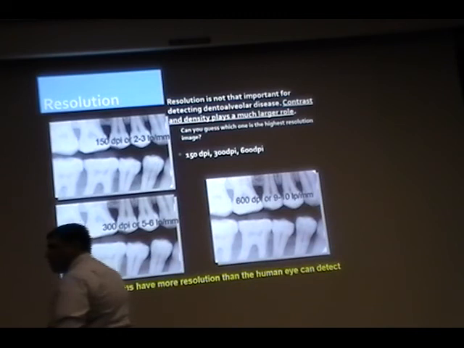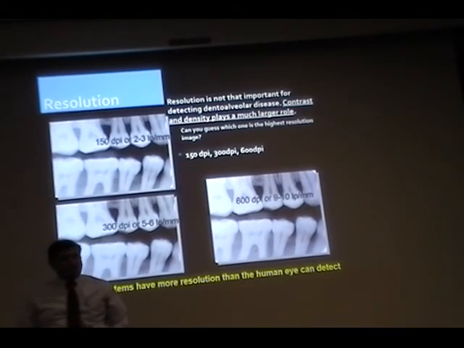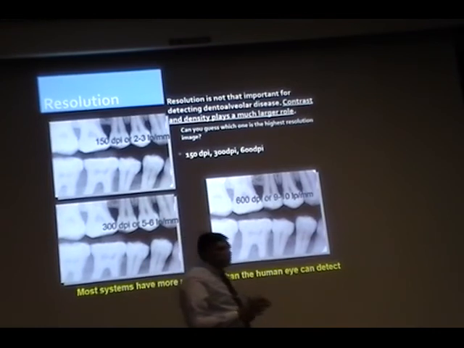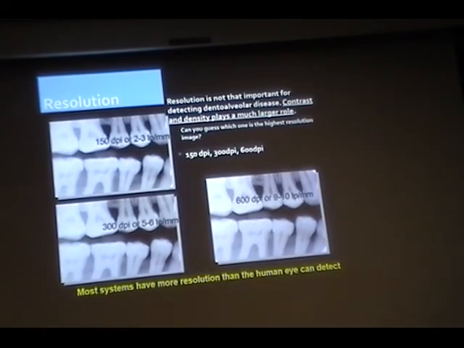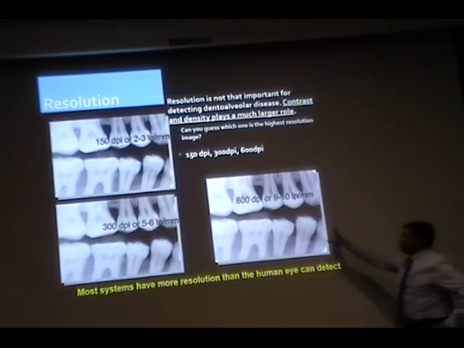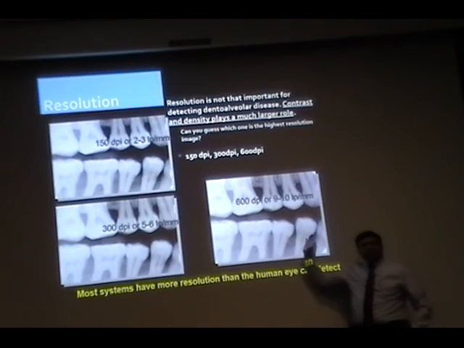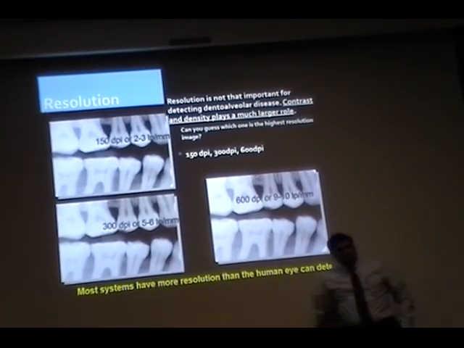In clinic, you can see up to 30 only in an ideal situation because you've got lights and everything. So our eyes can see in a normal condition 60, in clinical conditions 30. And to identify dental caries, all we need is 5 or 6 lines per millimeter. That's enough for our diagnostic purposes.